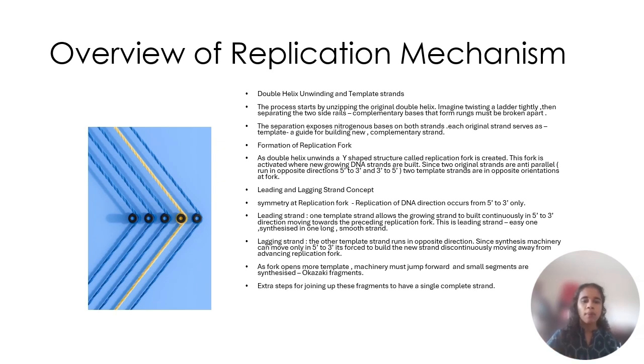As the fork opens up and more template is exposed, the machinery must jump and create small segments. These small segments are called Okazaki fragments, and they will be joined together to give you a single complete strand.